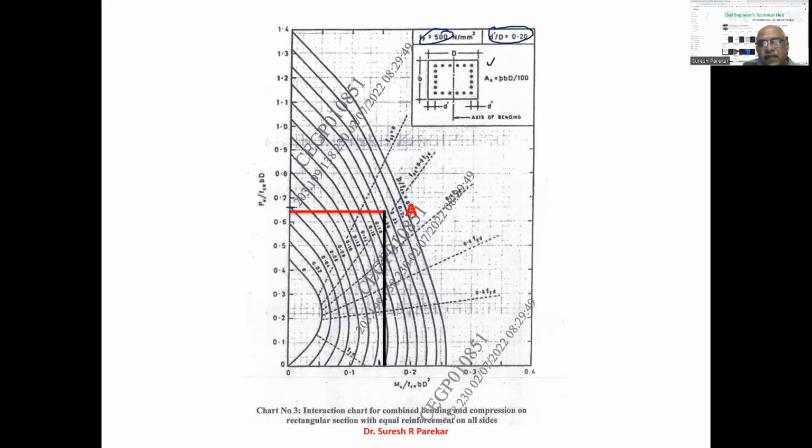And at the intersection we will get the value 0.21. So for 0.2 we have 0.21, and now we will use this value.